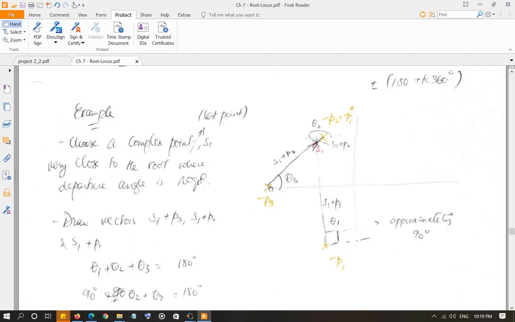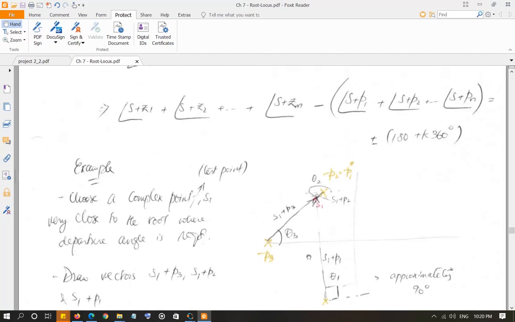And then from each of the other poles and each of the zeros, we draw a vector to the point extremely close to the complex pole under consideration. We measure the angle of that vector with respect to the x-axis, counterclockwise. Likewise, we draw a vector from each zero, and measure the angle that it makes with respect to the x-axis.